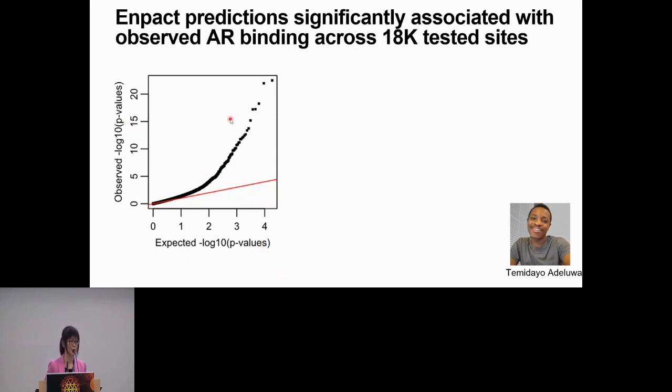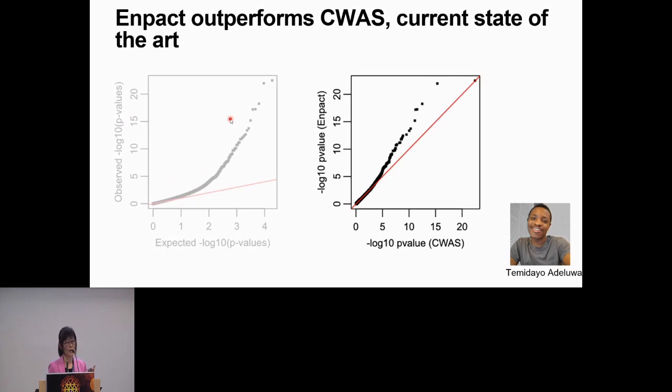You can see it departs from the null, so many of them are showing that we are significantly predicting transcription factor binding. It's not as nice as I would like, but if we compare to how GWAS is doing, our current state of the art, we do better than GWAS, which used 130 individuals. We only used public data that were available out there. So that's that.